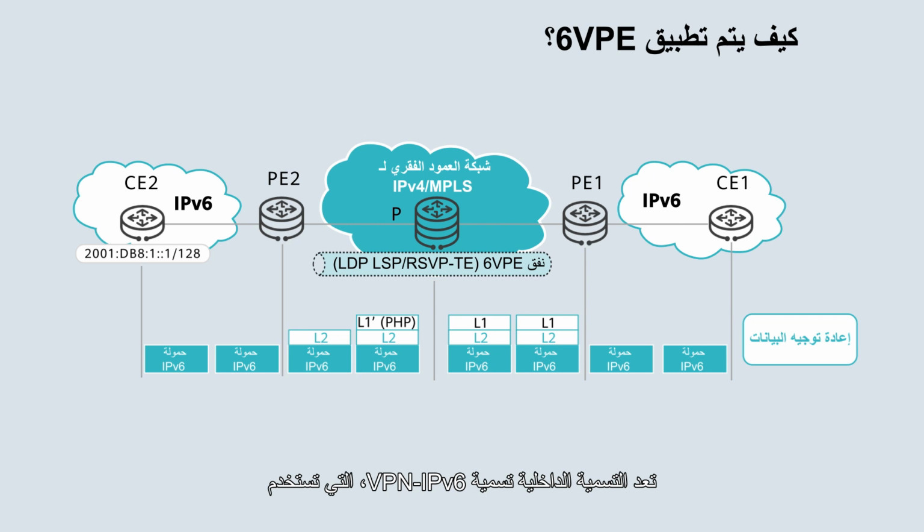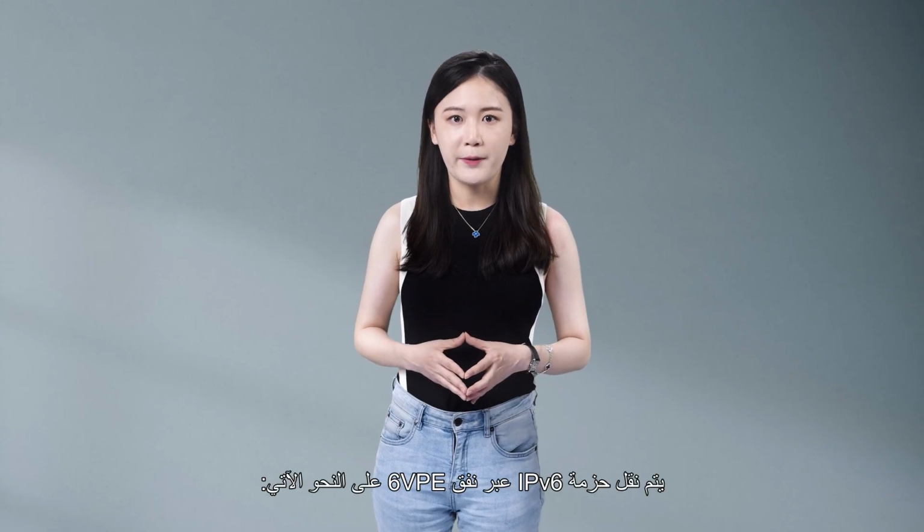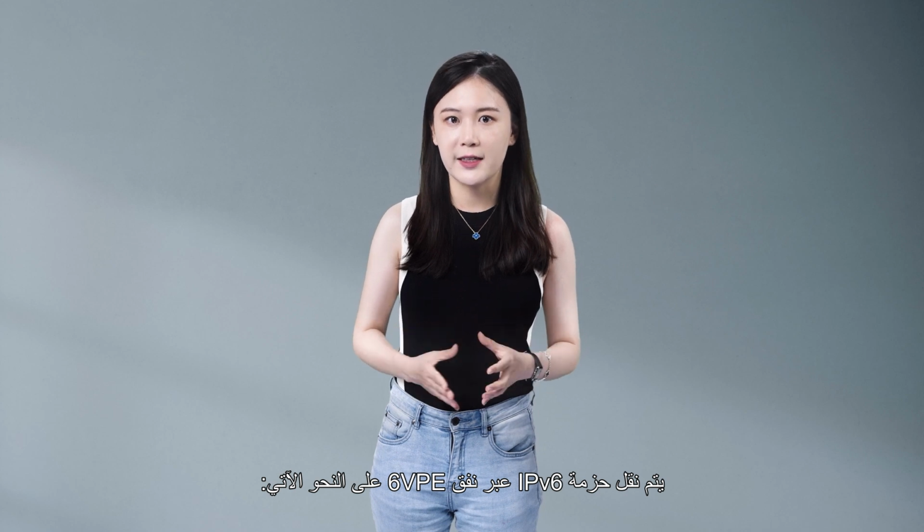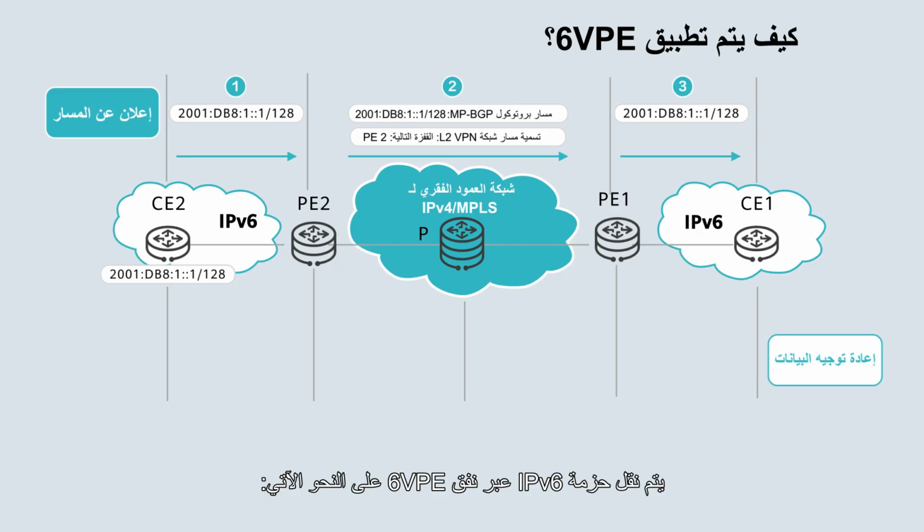The inner label is a VPN IPv6 label, which is used to determine the outbound interface of the packet and the VPN to which the packet belongs. An IPv6 packet is transmitted through a 6VPE tunnel as follows.